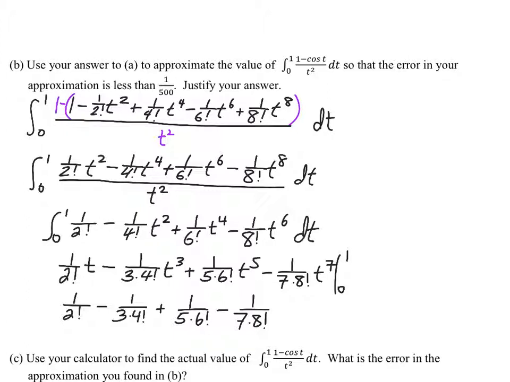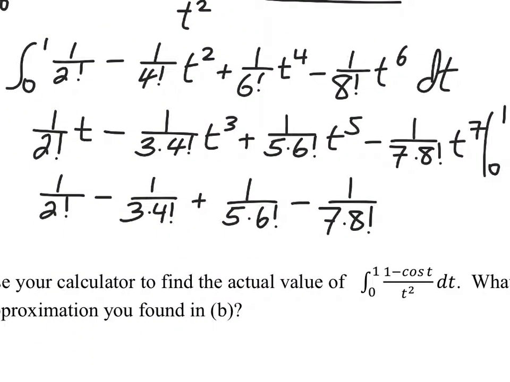So, for example, the 5 times 6 factorial. 6 factorial is 120, so that's definitely less, because 5 times 120 is 600. So this is valued at, and I'll jot it down here, 1 over 600. This is 72.